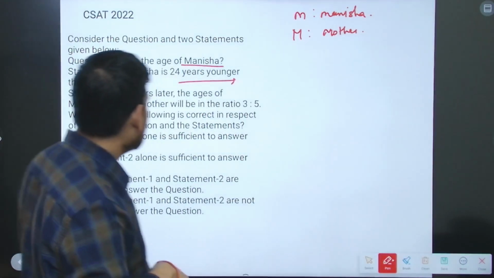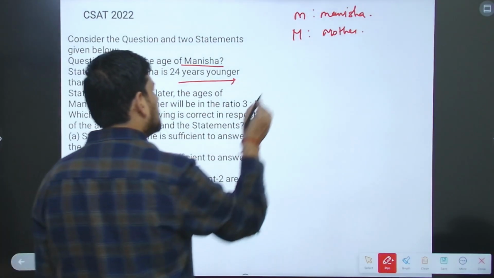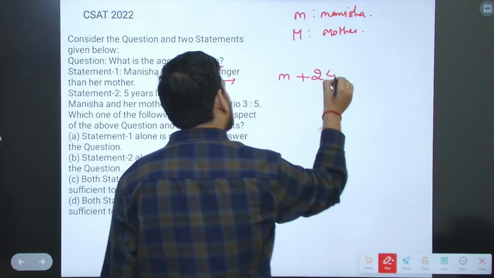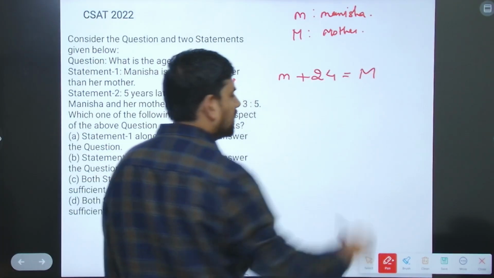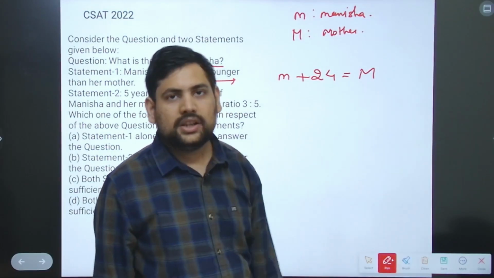Now it says Manisha is 24 years younger than her mother.